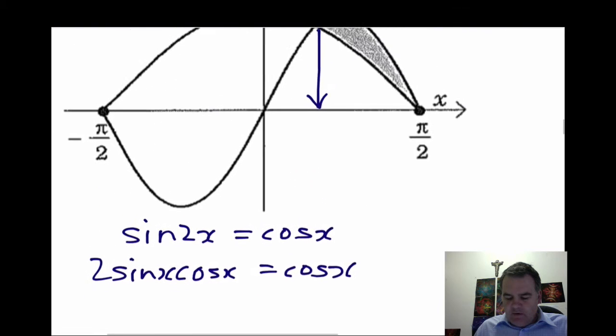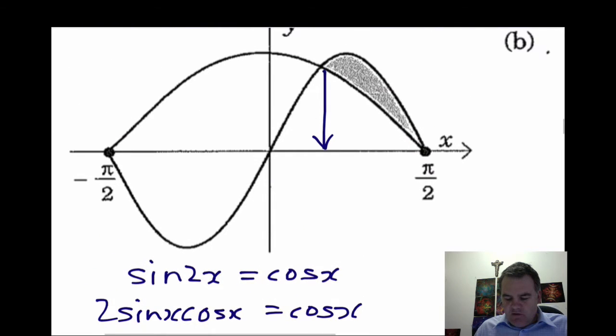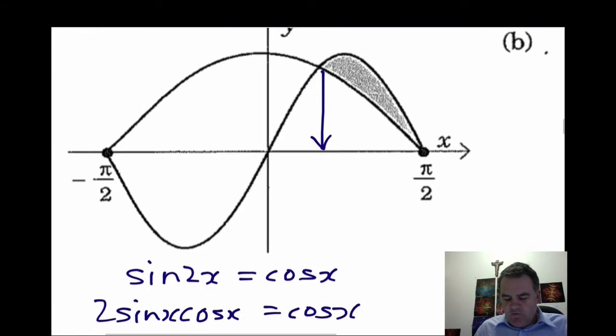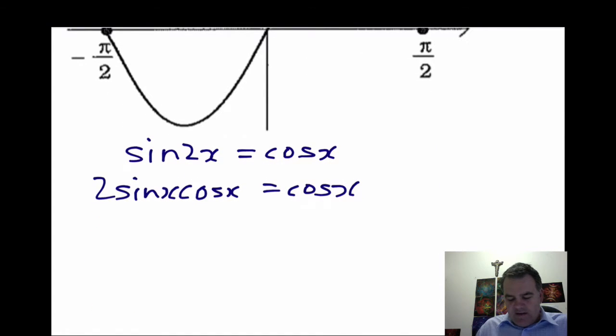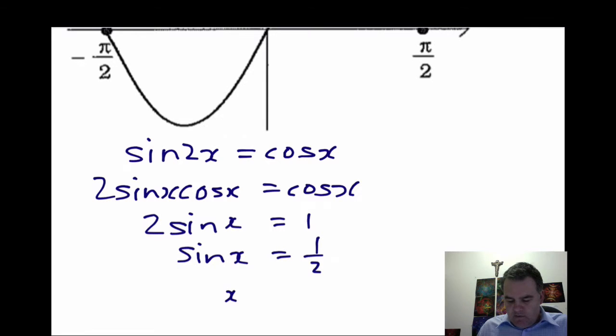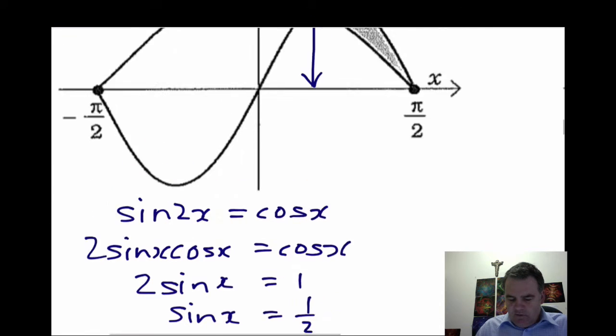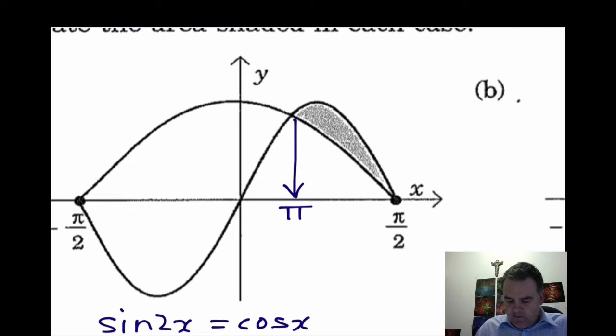So if I put x equals 0 in there, that's not going to be what we're looking for. It's positive, so I could technically divide both sides by cos x here. And then I would get 2 sine x equals 1. Sine x equals a half. So x must be 30 degrees, or let's do it in radians, pi over 6. So now I know that this point here is pi over 6.